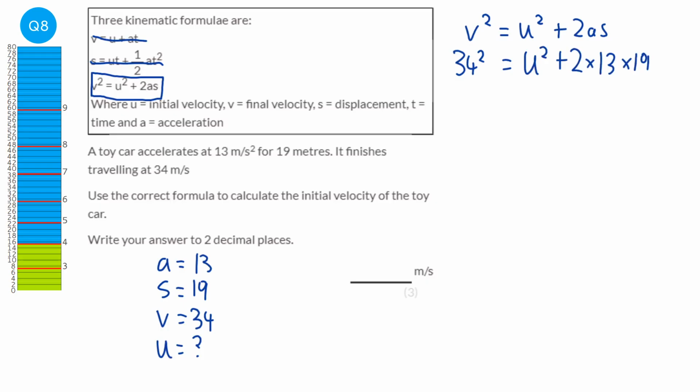Okay, so let's just work these parts out. And so we've got 2 times 13 times 19, which is what, 494. And it turns into a solving part, so we're just going to solve this. So the first thing I'm going to do is subtract 494 from both sides.